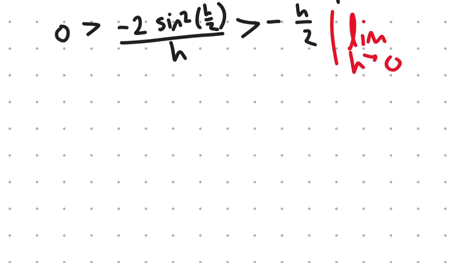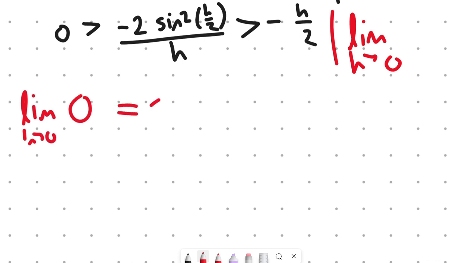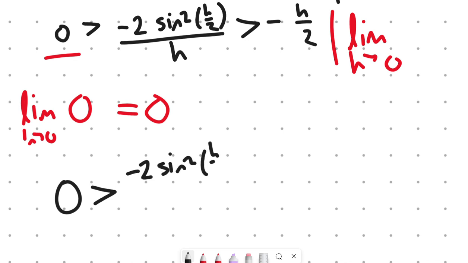Okay, so the limit as h approaches 0 of 0 is 0. So this is 0. And we're just going to write negative 2 sine squared h over 2 over h is bigger than.